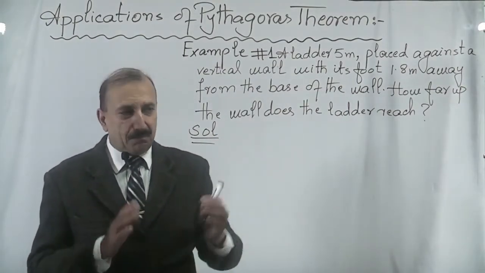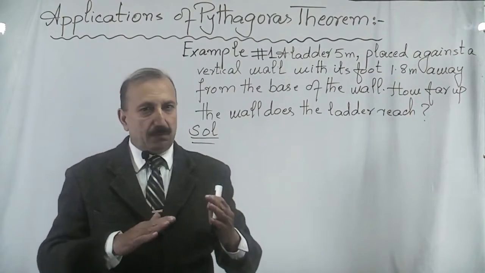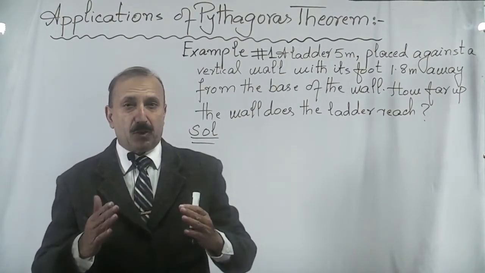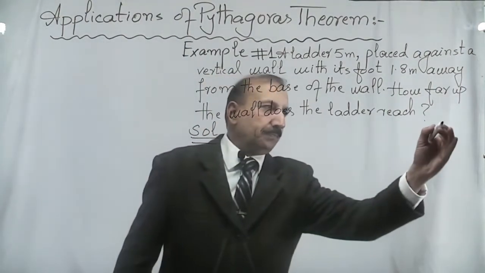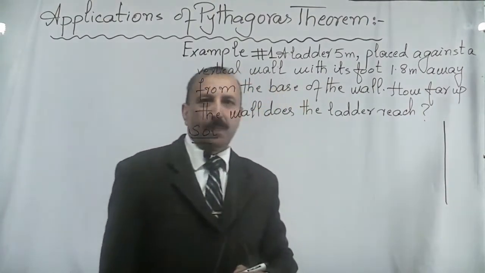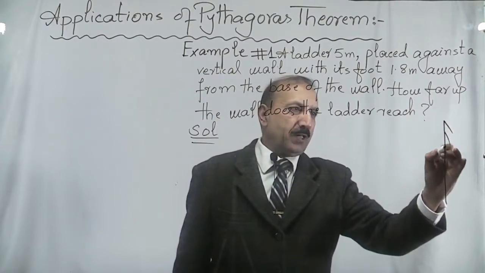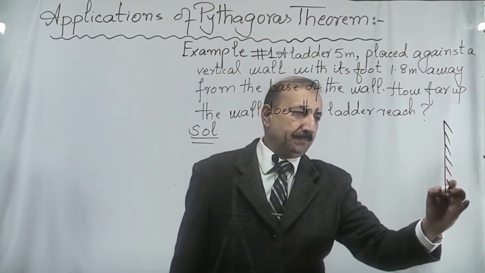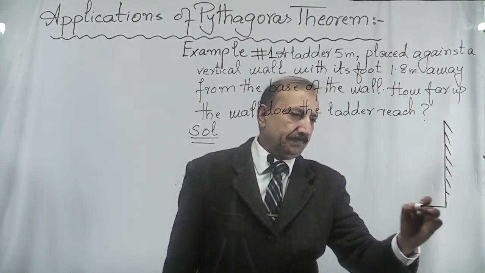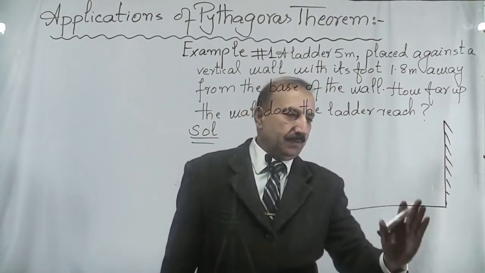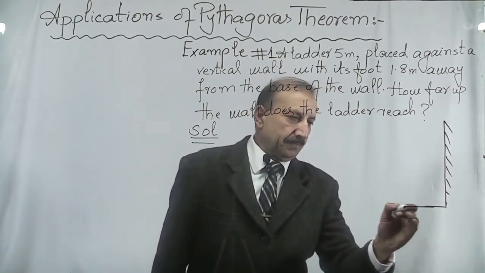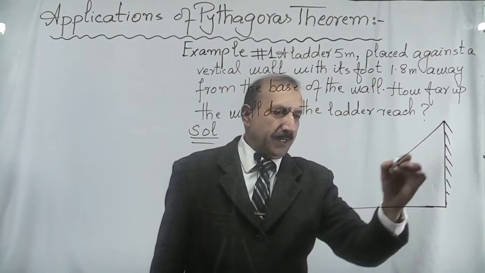We will develop the concept behind it, which is the same as the right angle triangle. Here is the wall. We will draw a picture for it. It's a sort of wall here, and here is the ladder.